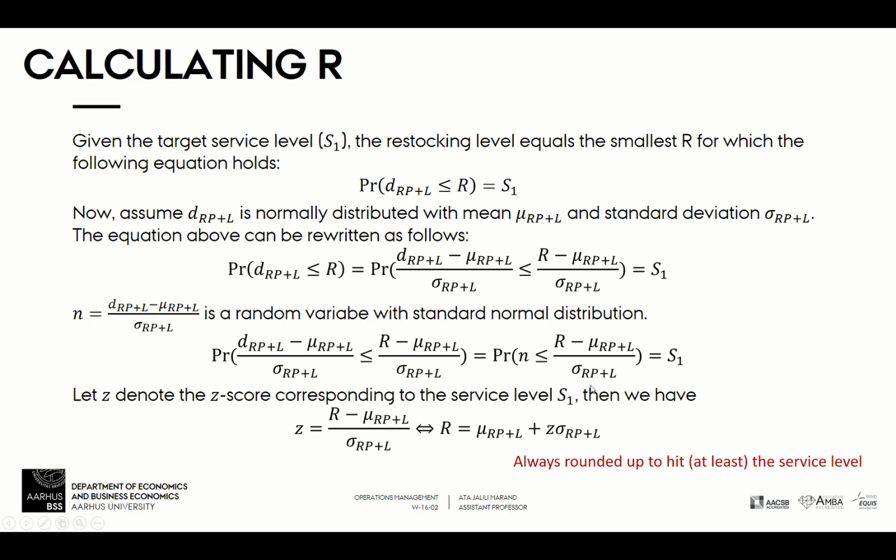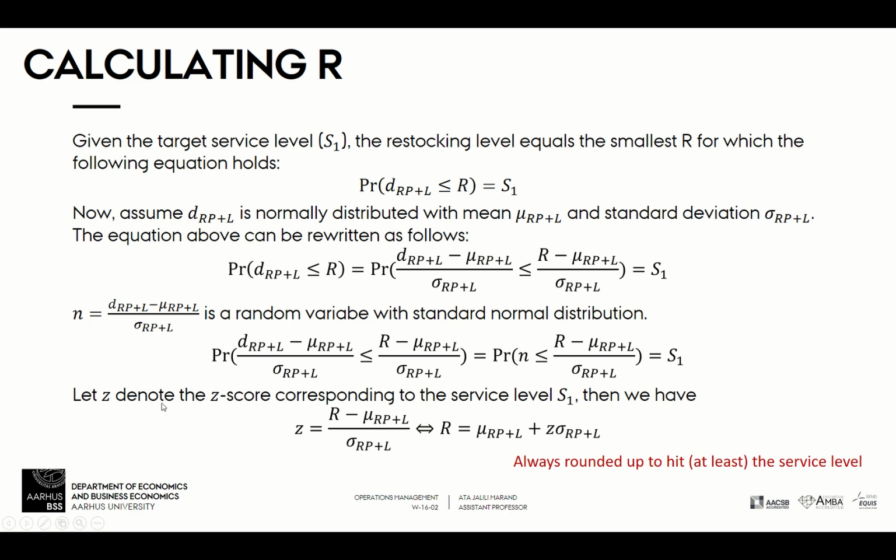So the probability on the left hand side can be rewritten as this probability, in which n is a random variable that follows a standard normal distribution, and we want to set an R that will give us this probability equal to S1.